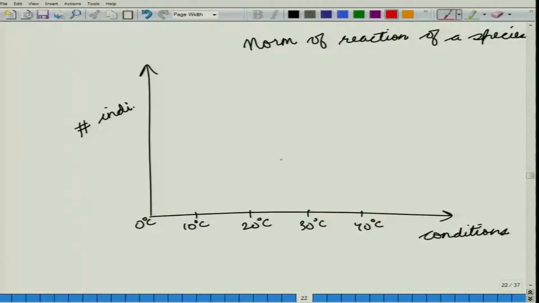So in the case of your monkey, or humans, we are most comfortable at this point, but that does not mean that we cannot thrive at 30 degrees. We can, but the number of individuals thriving at other temperatures would go on decreasing. So this would be our norm of reaction for species 1.